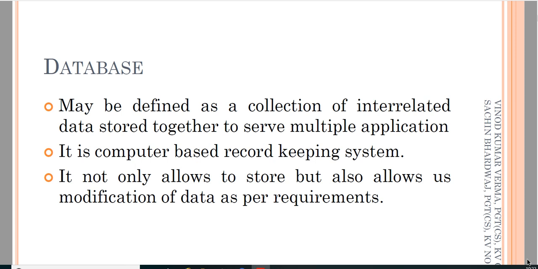The data in those tables is interrelated with each other. Each table is a collection of interrelated data, and interrelated means all the data is interconnected. For example, 1001 is a record for a particular student.